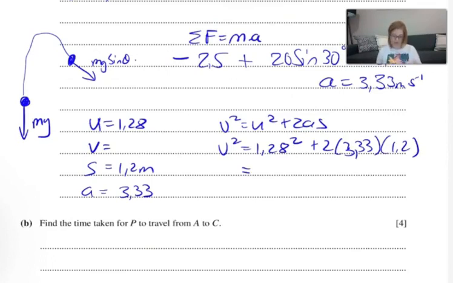Okay, so what is that? Plus 1.28 squared. And then I must make sure to root it all. So my final velocity at that point is 3.10 meters per second. I'm putting in the 0 because that would be 3 significant figures. Okay.